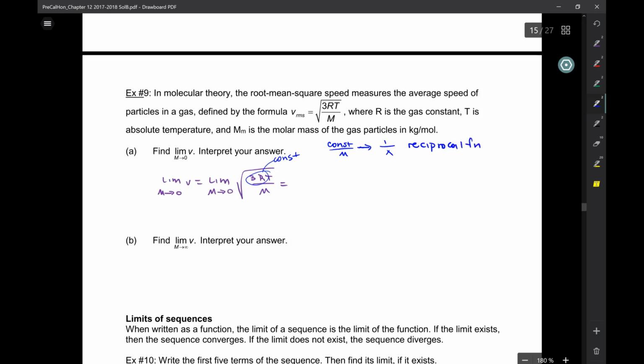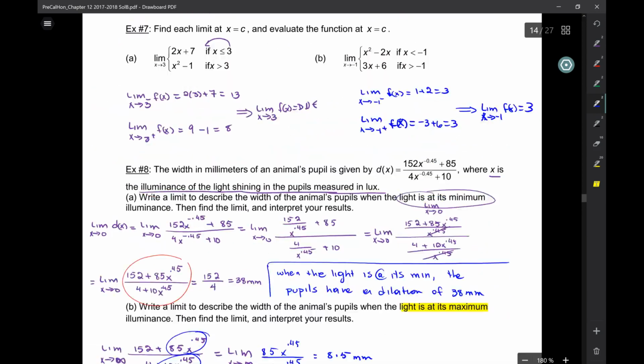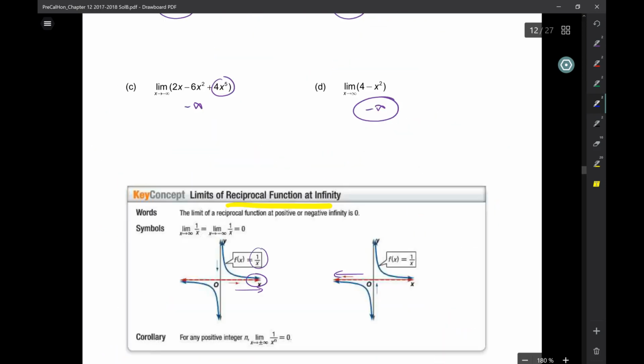It doesn't matter, so forget about the square root. A reciprocal function approaches what as x approaches 0? Infinity, right? As x approaches 0, 1 over x approaches infinity. So take a look at our functions here.